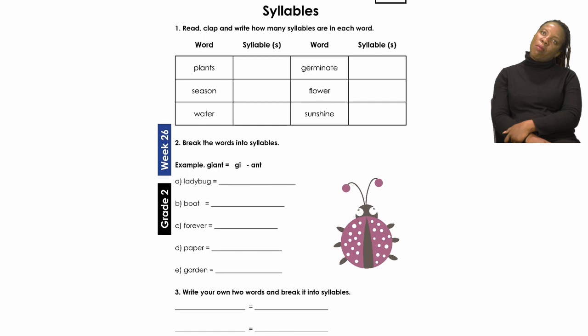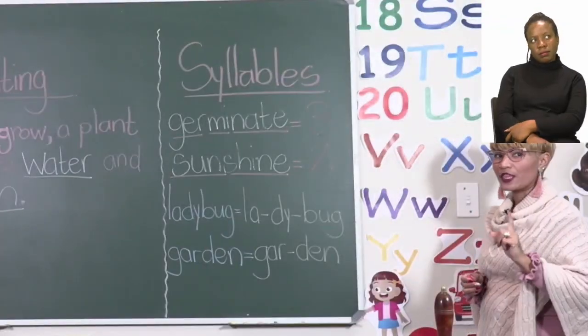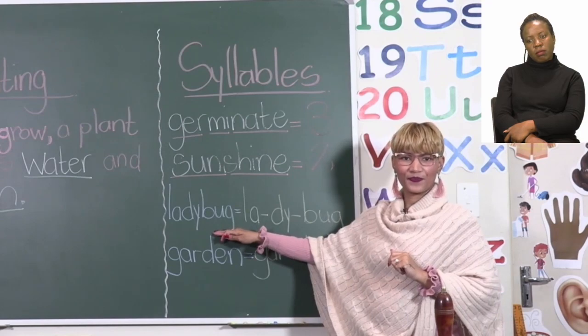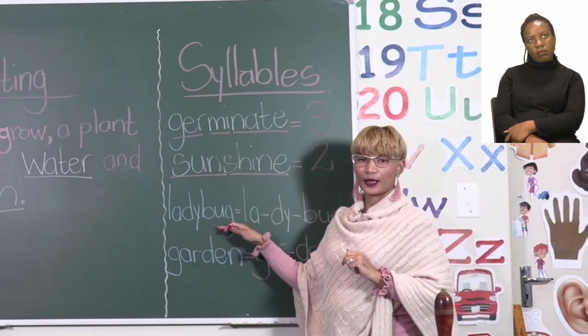Okay. Now, I want us to have a look at some of the words in the activity and try and find out how we can break these words into syllables. The first word, ladybug.